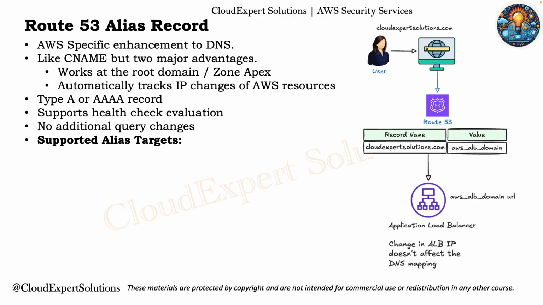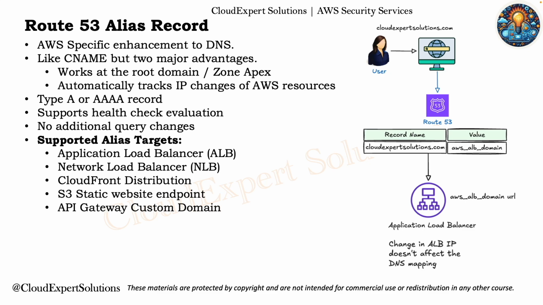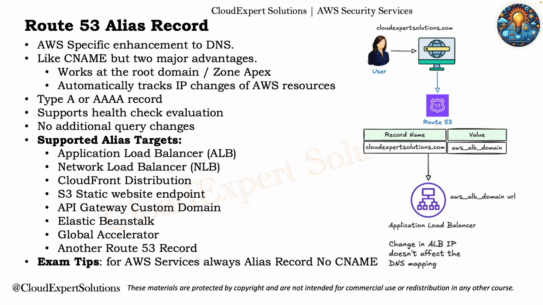You can point to an application load balancer, network load balancer, CloudFront distribution, S3 static website endpoint, API Gateway custom domain, Elastic Beanstalk, Global Accelerator, and also another Route 53 record. During the certification, if any question mentions AWS services and you have the option to choose between Alias Record and CNAME, you should always choose Alias Record.